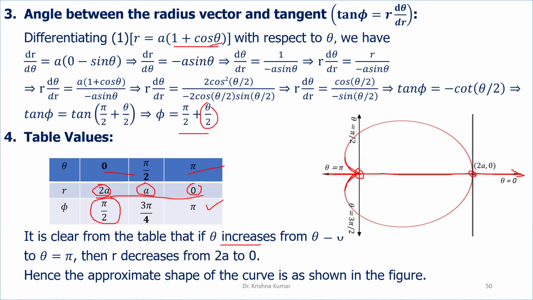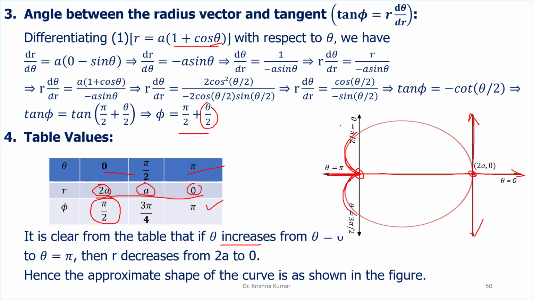It is pi by 2. So this theta equal to pi by 2 is the tangent, which is perpendicular to the initial line theta equal to 0. This is tangent and this is also tangent, right?